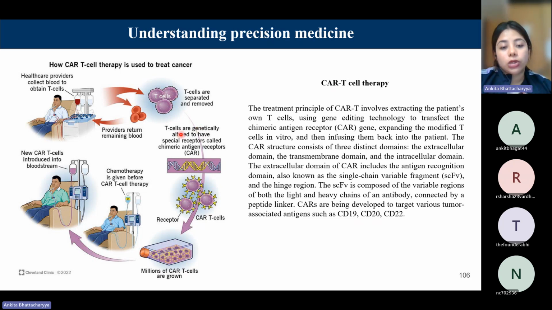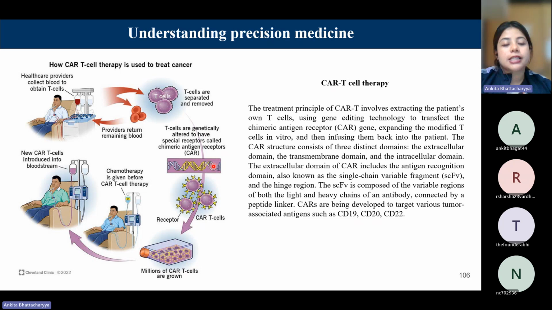They are genetically altered to have some specific receptors or special receptors called chimeric antigen receptors or CARs. Chimera, as you remember, it was a fusion of different types of molecules or different entities, and this you can see in blue might have been the normal DNA of T cells of the patient, and the yellow one is what has been externally introduced, and that is leading to a recombined or new DNA, which is known as a chimeric DNA.